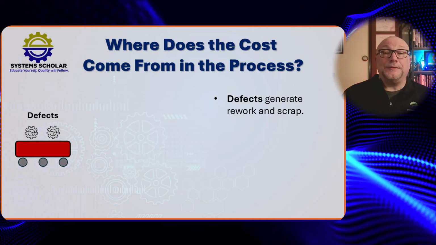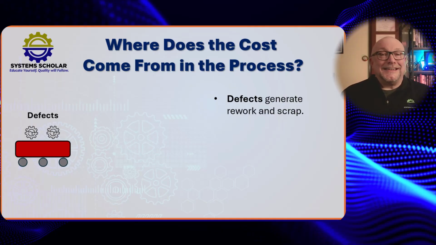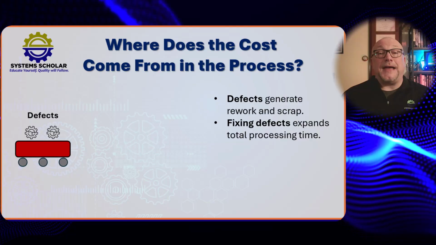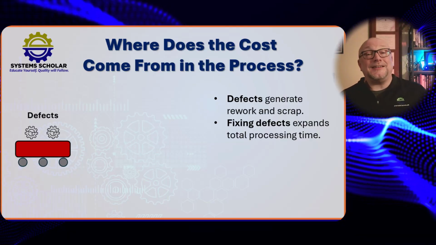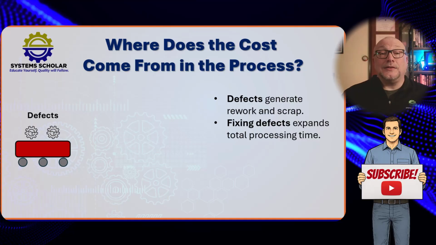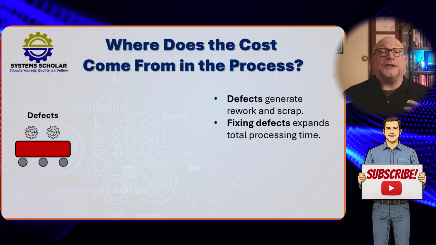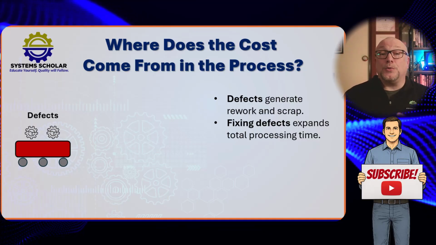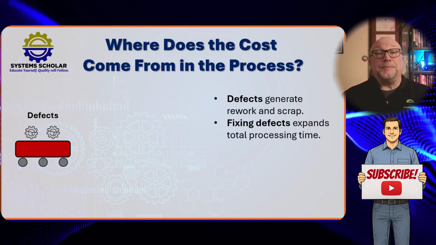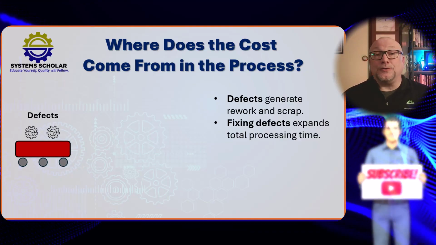Every time something fails to meet requirements, additional labor and material are injected back into the process unnecessarily. Correcting those defects expands total processing time. Work that should have flowed forward now requires inspection, repair, replacement, or sorting.